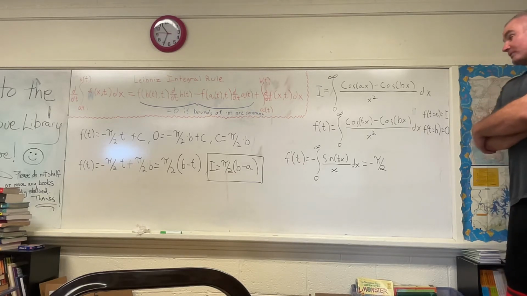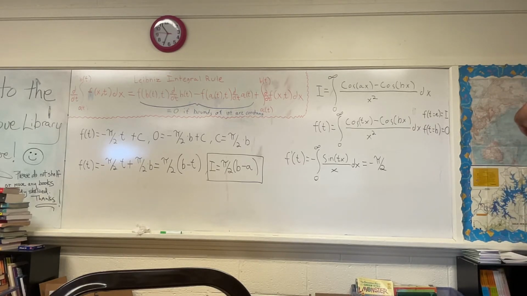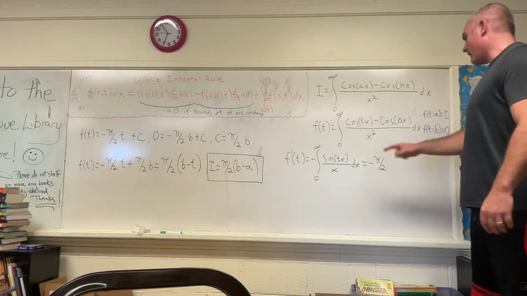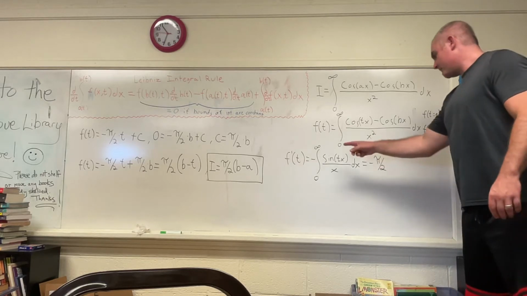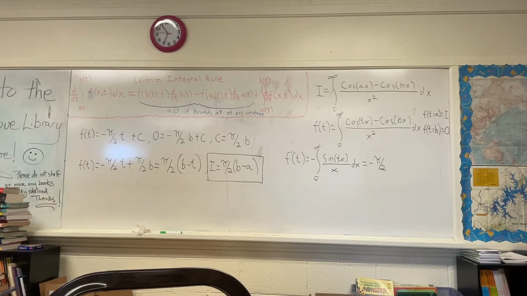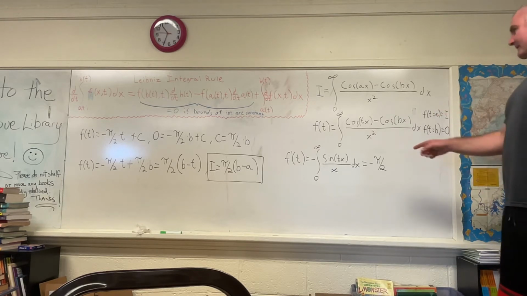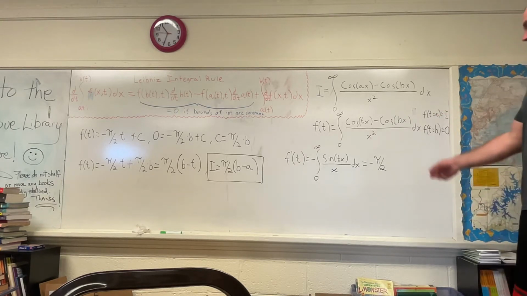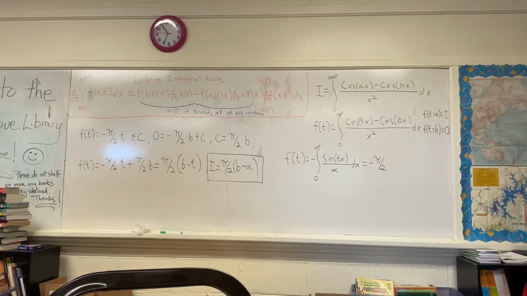And if you've watched my previous videos, I believe there are 2 examples of this going to negative pi over 2. So f prime of t is equal to negative pi over 2. Watch my other videos if you want to see that. I believe I solved it 2 different ways.